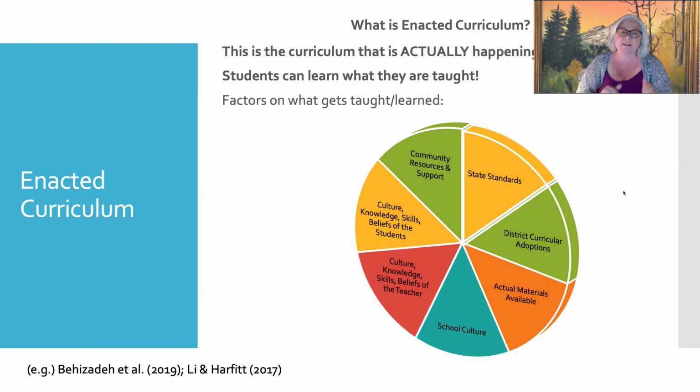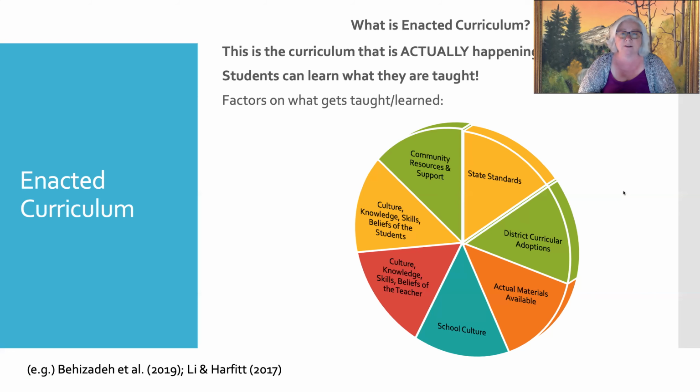And it's because of these next two things: culture, knowledge, skills, and beliefs of the teacher become incredibly important in what's enacted in that particular classroom, right? If I really believe strongly in student choice, my enacted curriculum is going to look different than a teacher who believes it's okay for them to choose maybe for 15 minutes in the day.